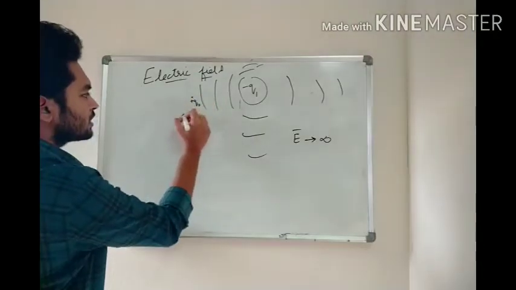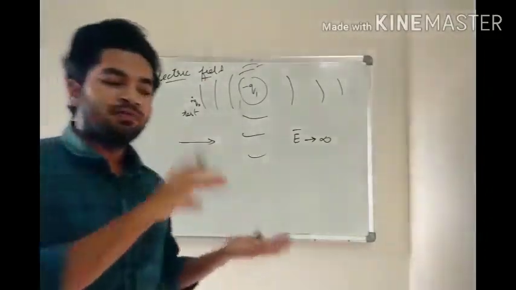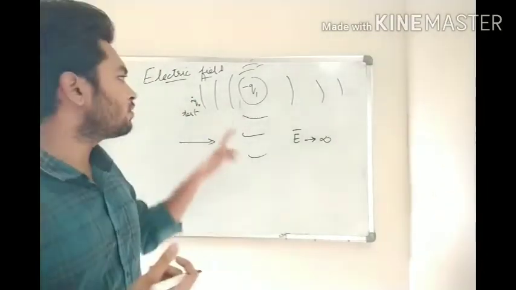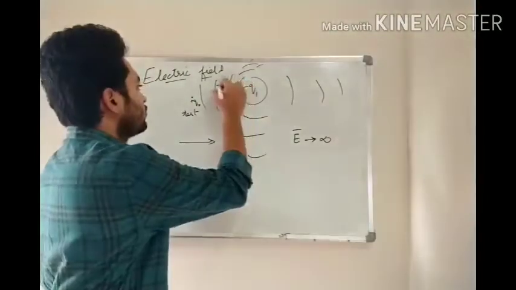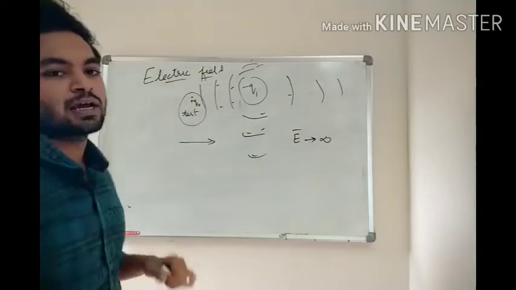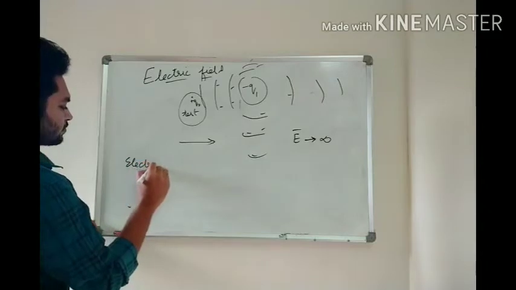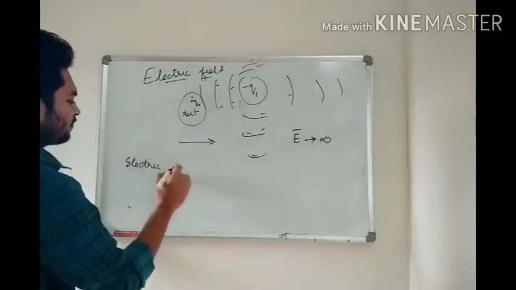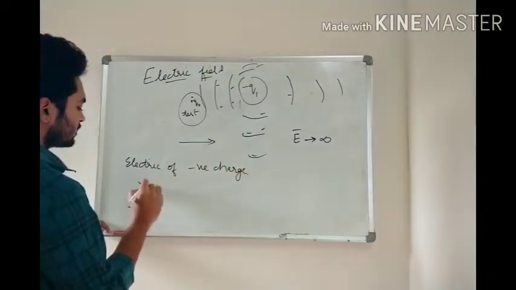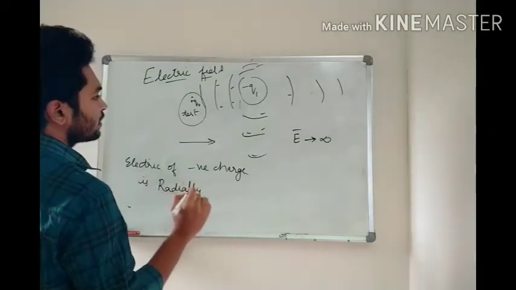So now what will happen here? This positive test charge is getting attracted towards the negative charge. In our previous case, positive repelled positive, but here positive and negative get attracted due to the negative electric field. So we say the electric field of a negative charge is radially inwards.